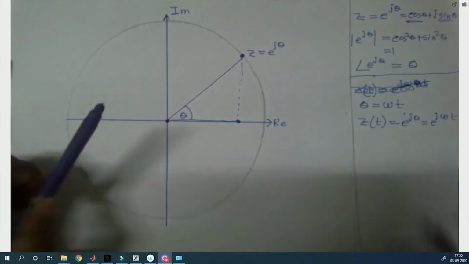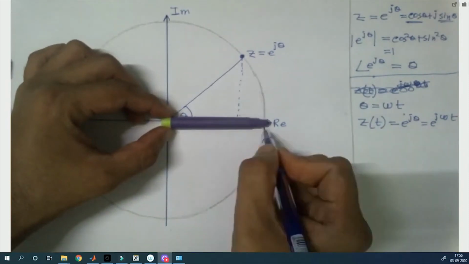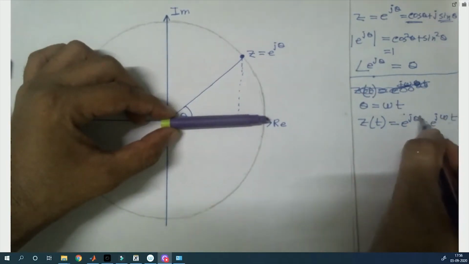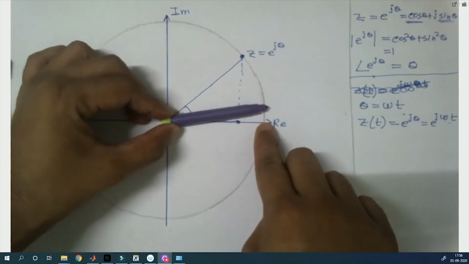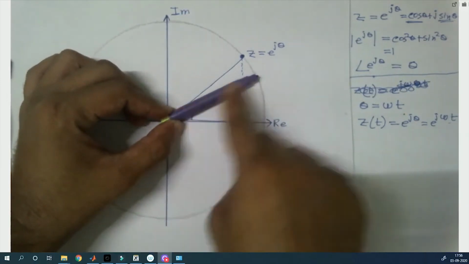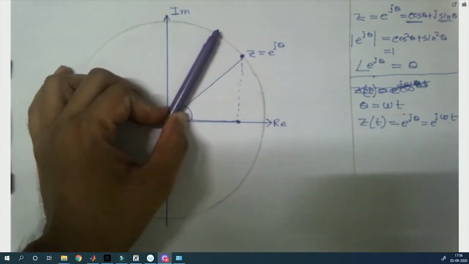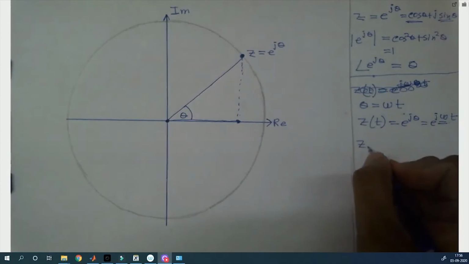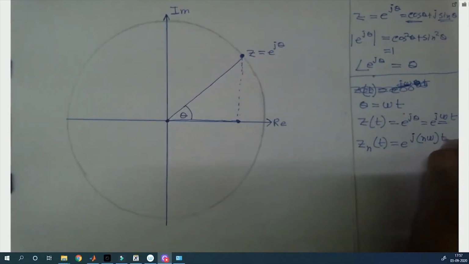It will start from this position when t is equal to 0, and then as t increases, omega t increases, so theta increases, and therefore this point will move and the angle of this line will increase continuously with an angular velocity of omega.